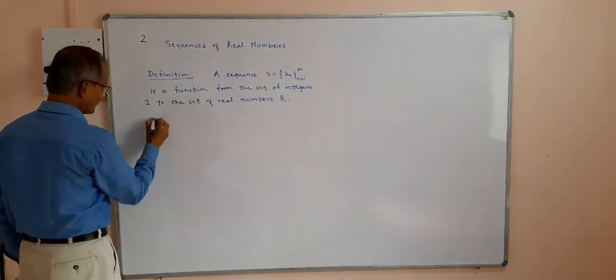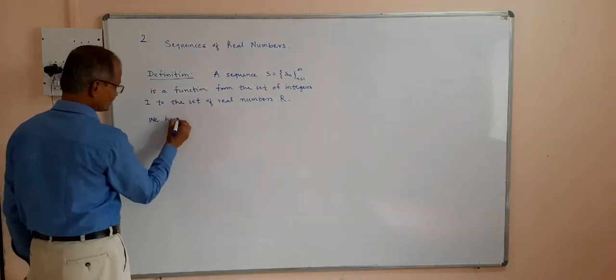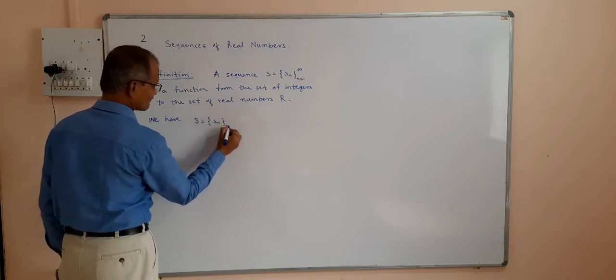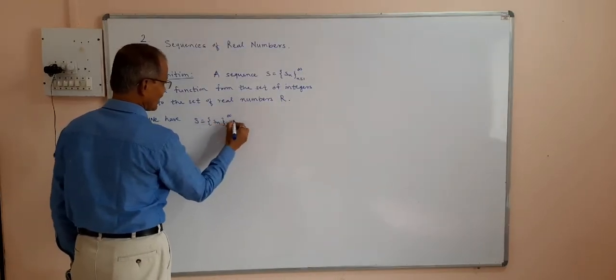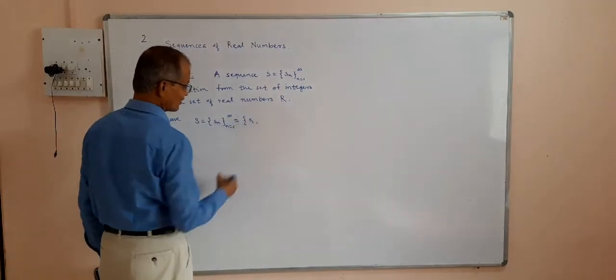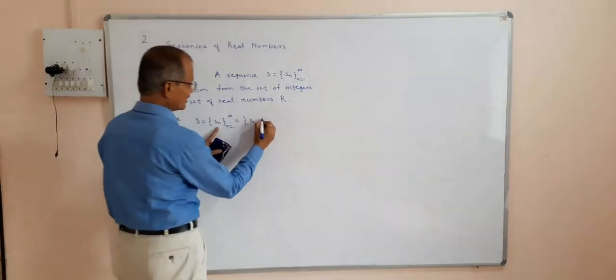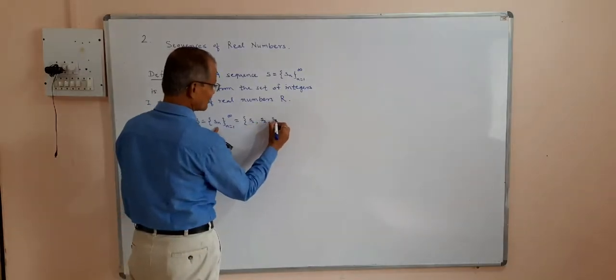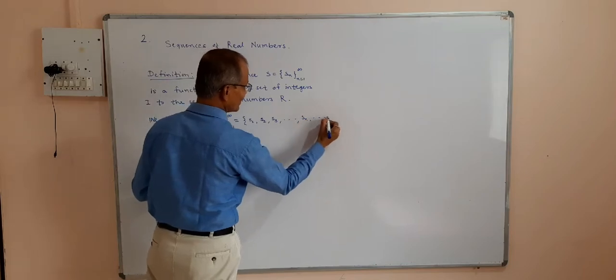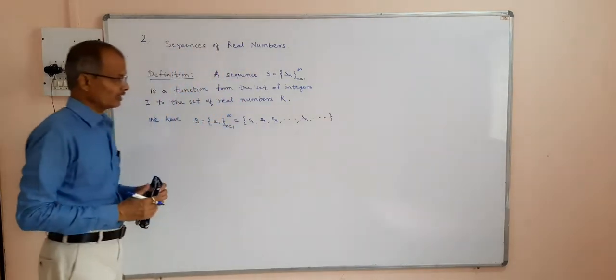So we have S equal to Sn, n takes values 1 to infinity. As n varies from 1 to infinity, for n equal to 1 we get S1, n equal to 2 we get S2, n equal to 3 we get S3, and so on. For n, we have Sn, and this is continued up to infinity.